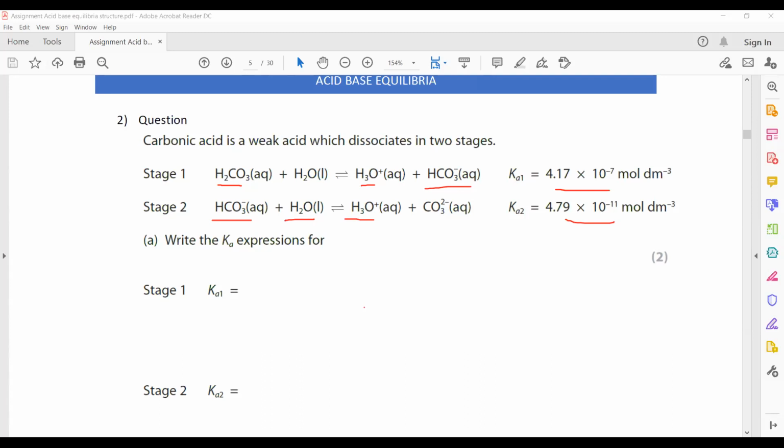When we write the dissociation constant for the first one, Ka1, the equation, when you check the state of the equations, this is a heterogeneous equilibria because aqueous, but water is a liquid.